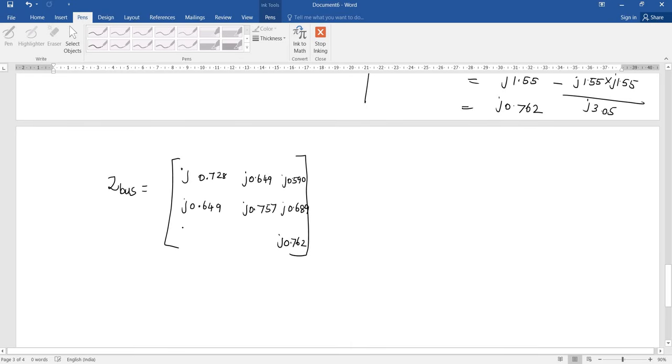And here j0.590, Z32 equal to Z23 same, j0.689, and j0.762. So this is the Zbus.